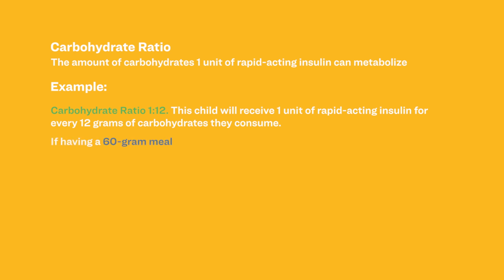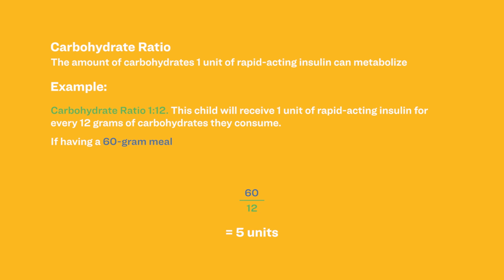So, if the child is going to have a 60-gram carbohydrate meal, we would take 60 grams divided by 12 grams to determine how much insulin is needed. In this example, we would need to give 5 units of rapid-acting insulin to cover the carbohydrates.